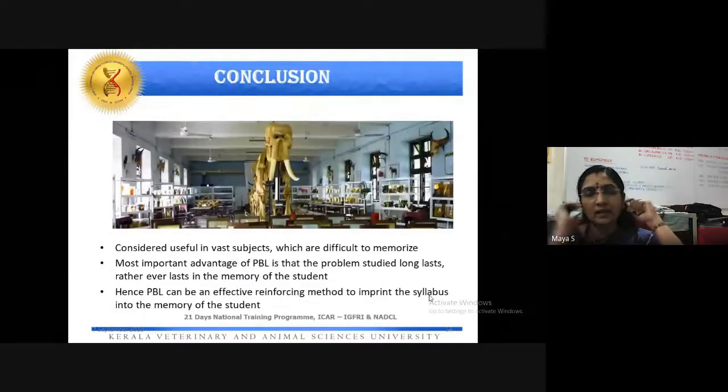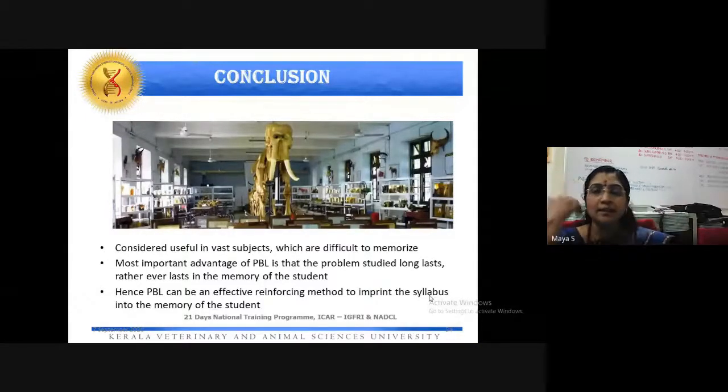So we can give time for the student as assignments at the end as problem-based learning, ill-defined problems as pictures, videos and all. So during leisure time, they will go to the clinics or to the fodder land or to the farm, and they will learn on their own.